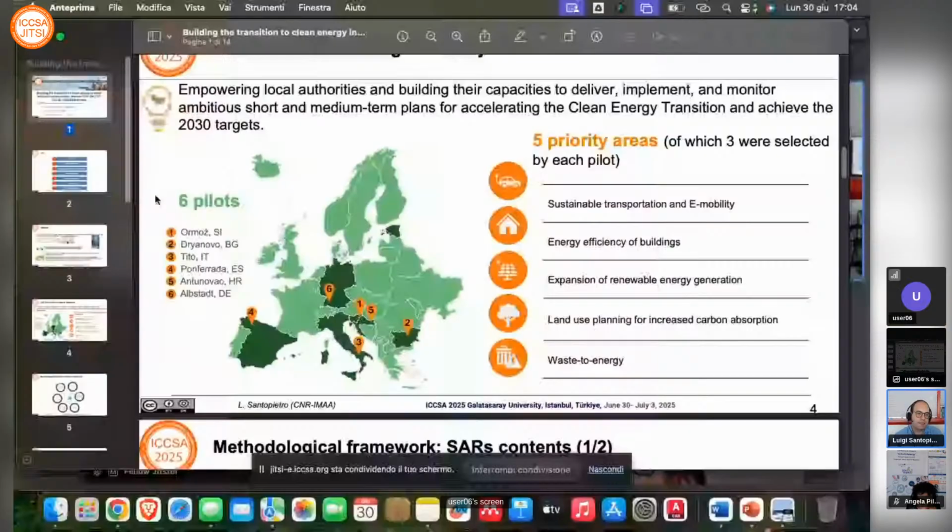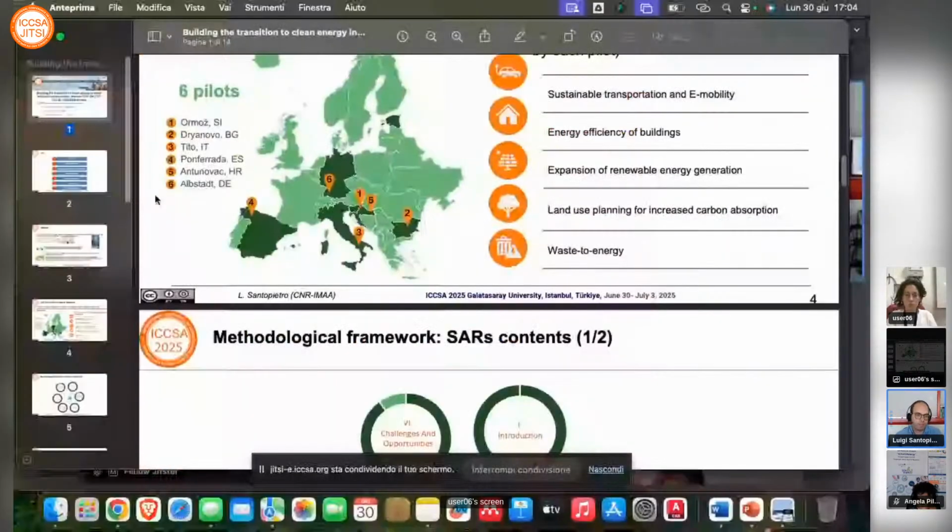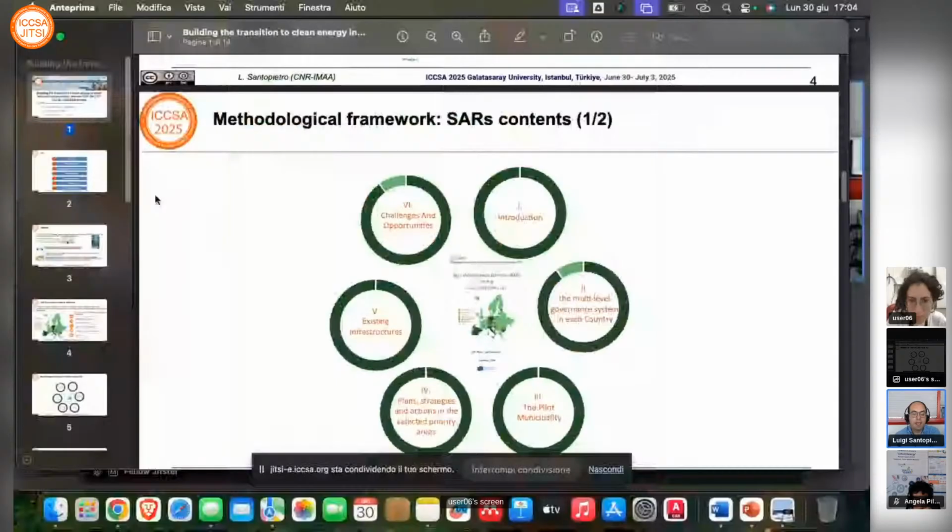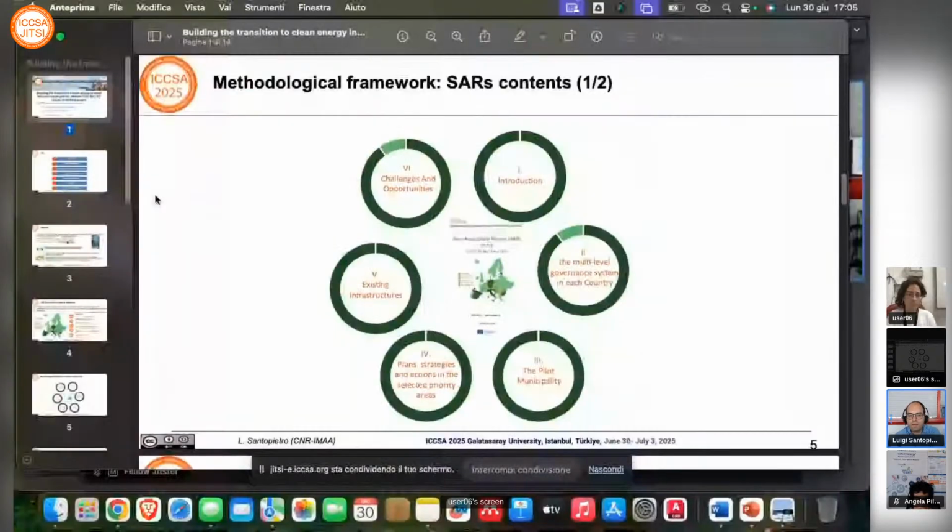The first is an introduction where each pilot municipality motivates the selection of 3 priority areas. Then it provides an overview on key energy and climate legislative frameworks and the role of national and subnational policies in driving local policies and local action in each pilot municipality.